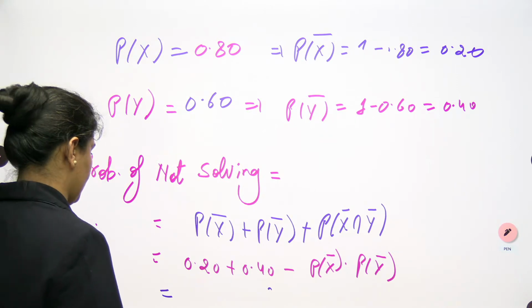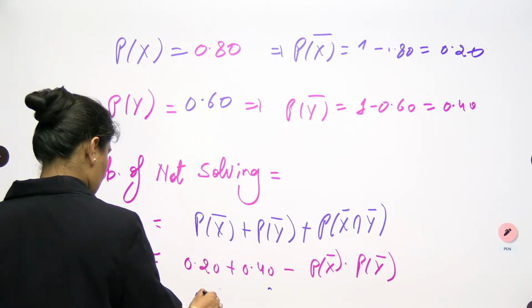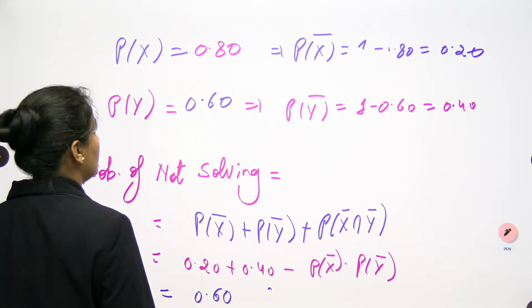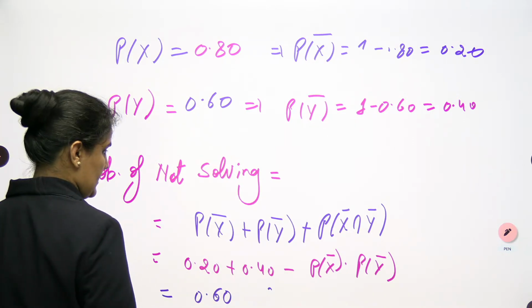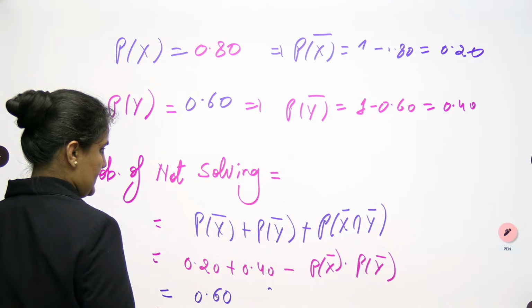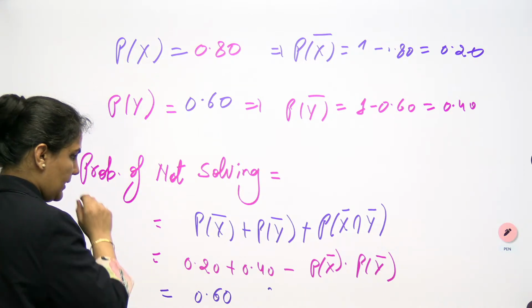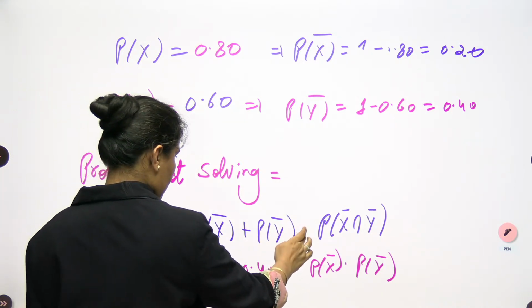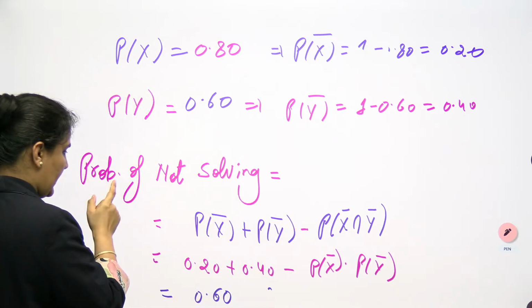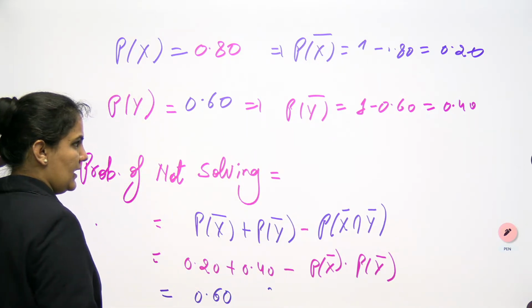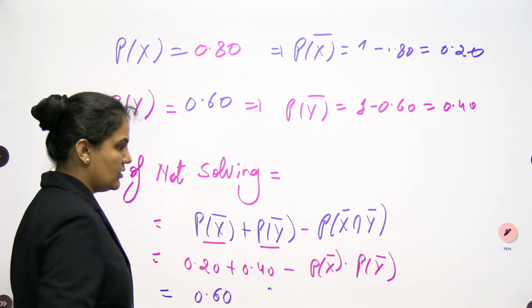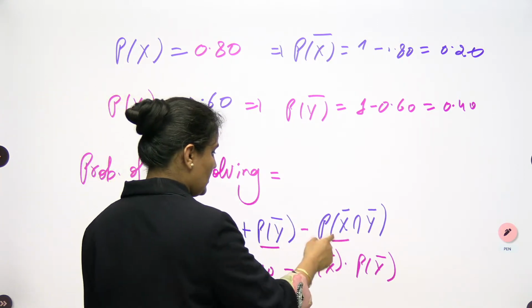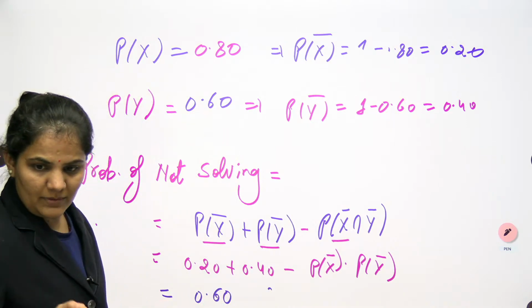So this is 0.60, 0.2 and 0.4 we have. Actually, what I want now is that neither will A solve the question, nor will B solve the question, and both will also not solve the question, meaning it will not be solved by A or B.